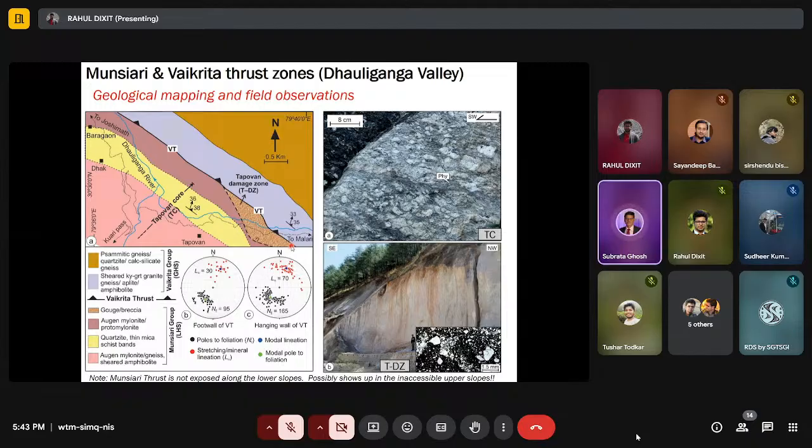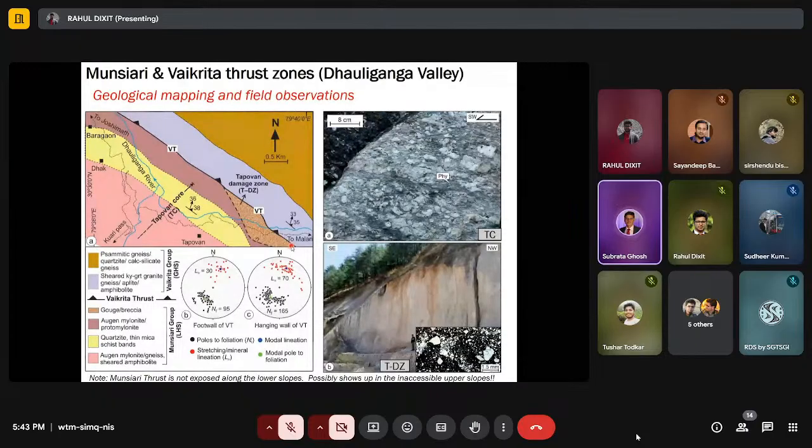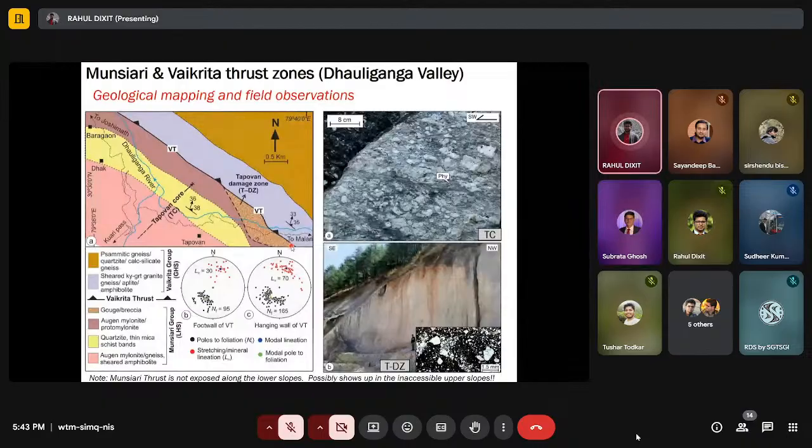Arindam Babu also mentioned that it could be a reactivation. Reactivation must also have taken place along the thrust only, so on the surface it is exposed as a fault gouge zone. Otherwise, we do not see any other.